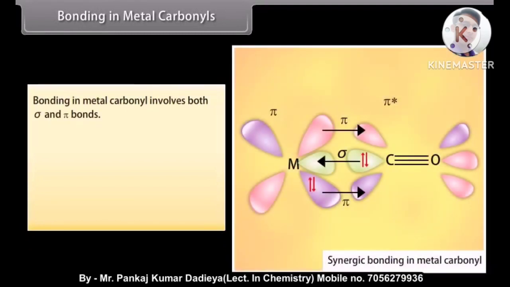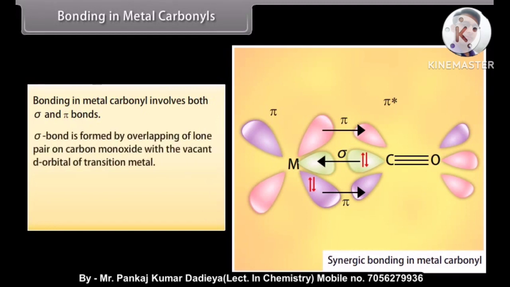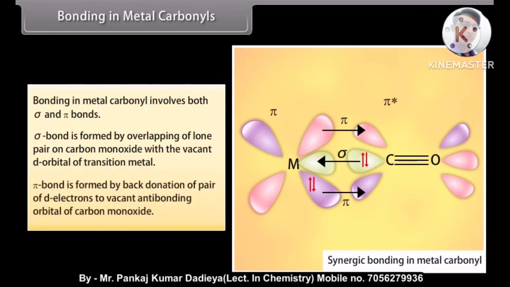Bonding in metal carbonyl involves both sigma and pi bonds. Sigma bond is formed by overlapping of lone pair on carbon monoxide with the vacant d orbital of transition metal. Pi bond is formed by back donation of pair of d electrons to vacant anti-bonding orbital of carbon monoxide.